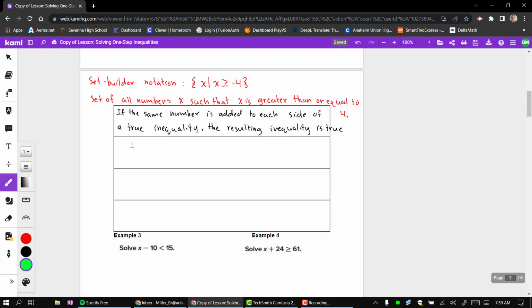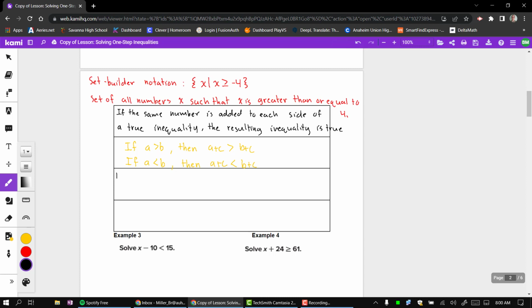Well, if A is greater than B, then A plus C is going to be greater than B plus C. And then if A is less than B, then A plus C is going to be less than B plus C. So that's for addition.